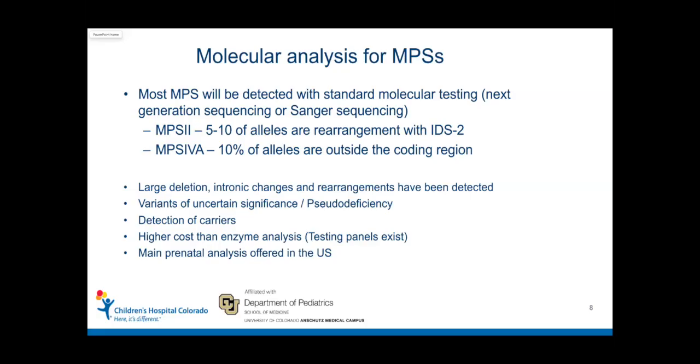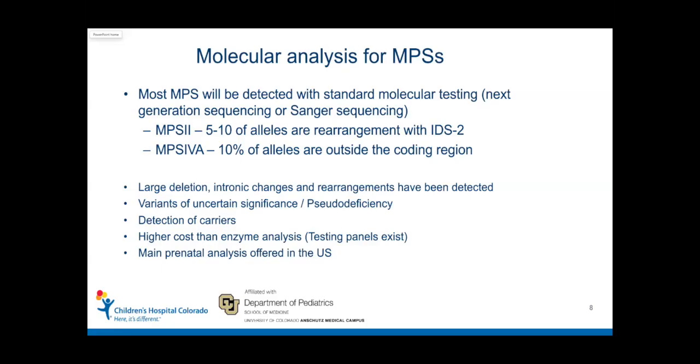I did want to point out that MPS 2, about 5 to 10% of the alleles, are due to a rearrangement with a processed pseudogene. So that's a piece of DNA that has sequence similarities to the functional gene, but is usually inactive.